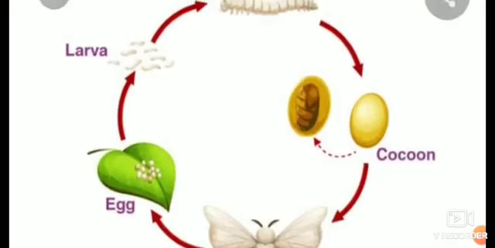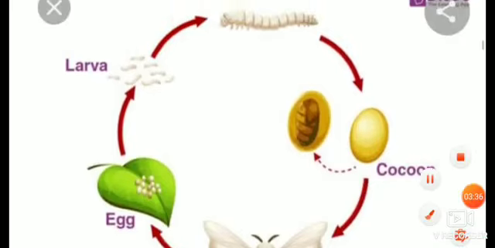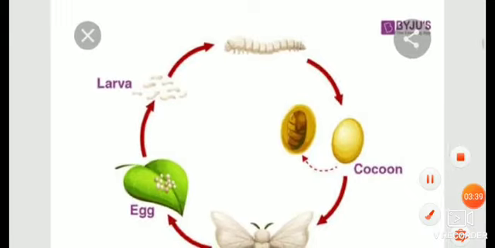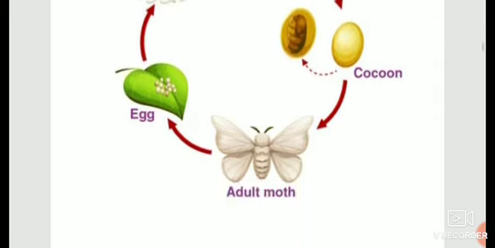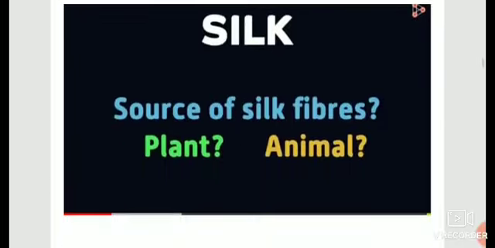Okay, so you can see here this is the whole life cycle of a silkworm, and this picture describes how we get silk from the silkworm. So students, let us discuss the silk and how we get the silk from the silkworm and what is the main source of silk.